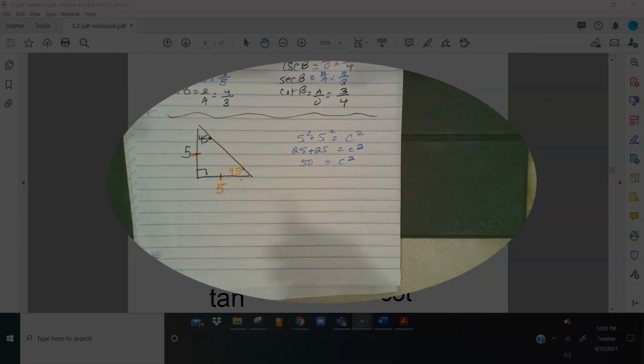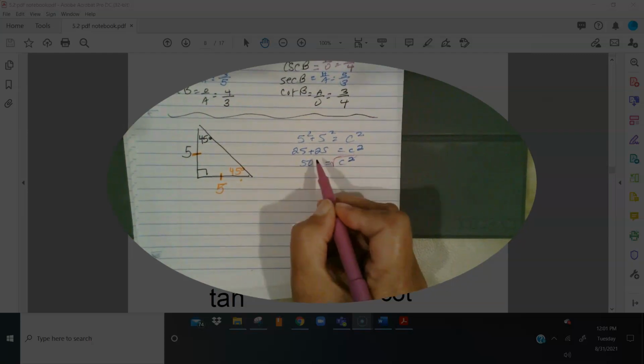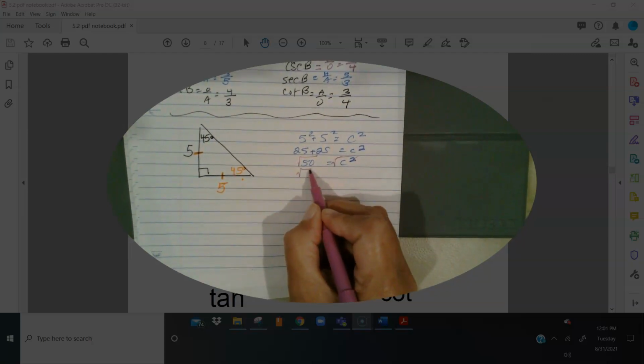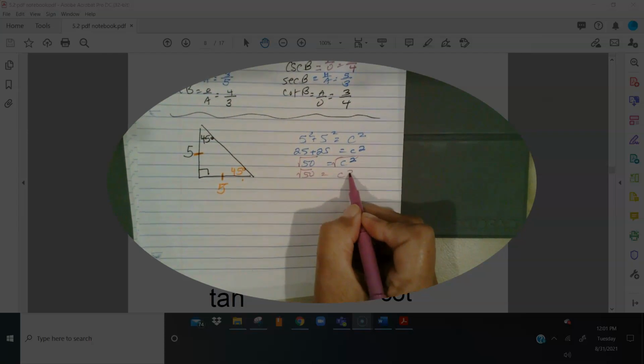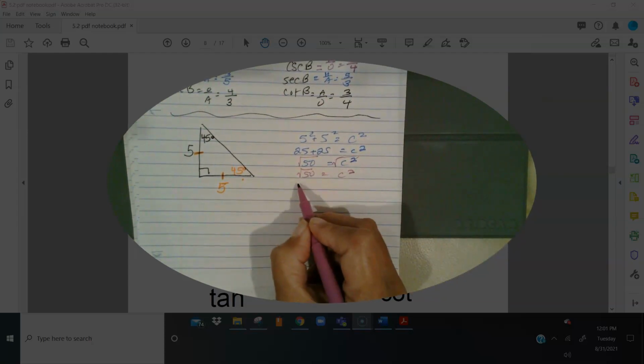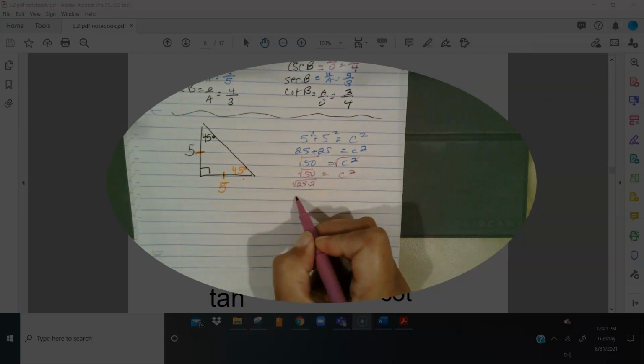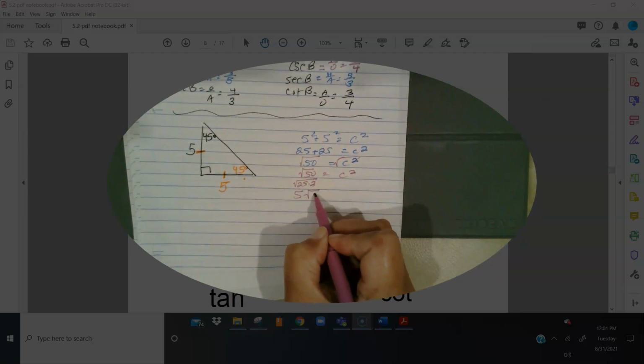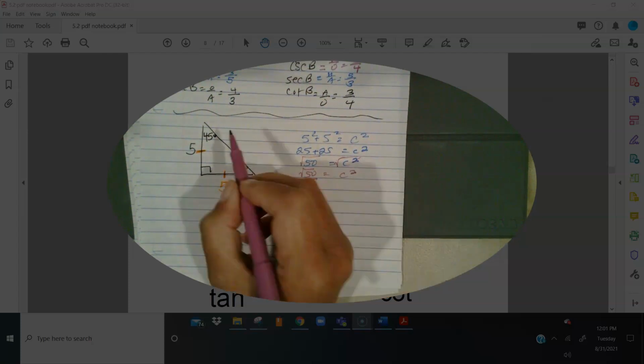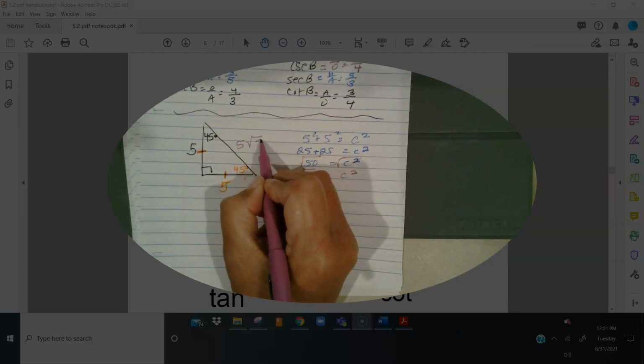Take the square root of both sides. The square root of 50 would equal c. That breaks down into 25 times 2, so the square root of 25 is 5. 2 doesn't have a perfect square root, so it stays the square root of 2. This is 5 square roots of 2.